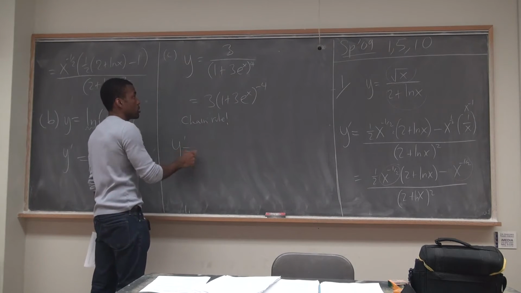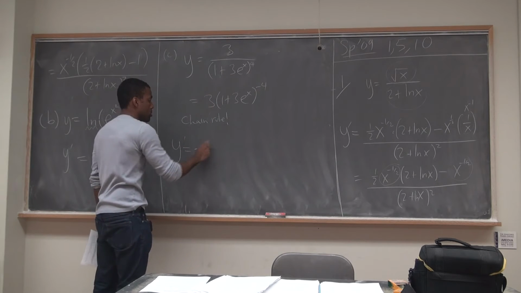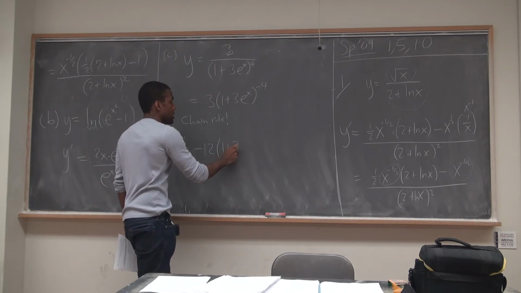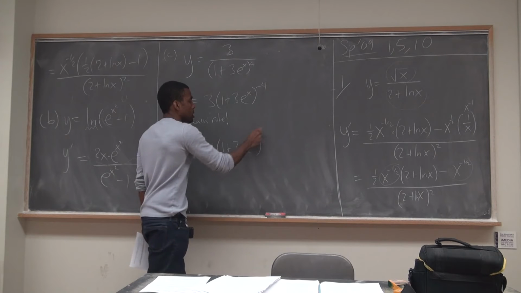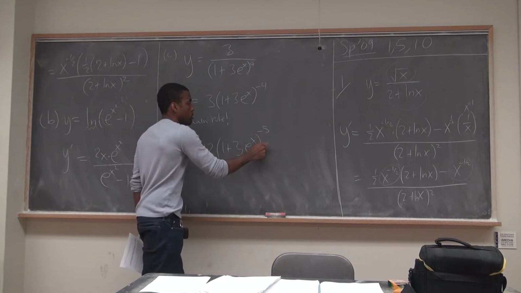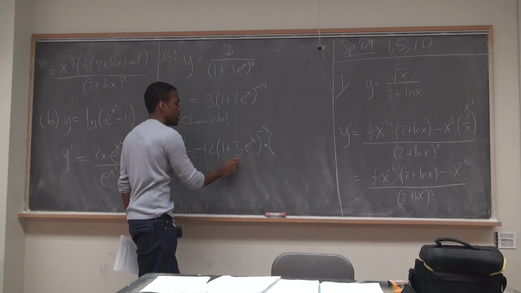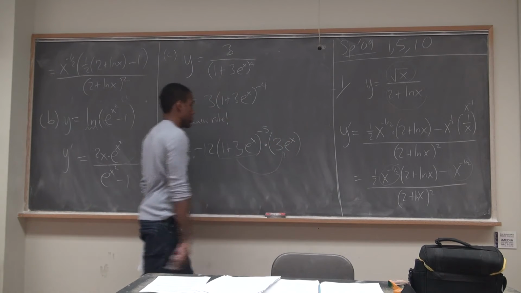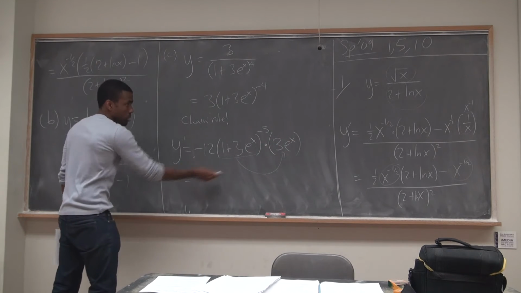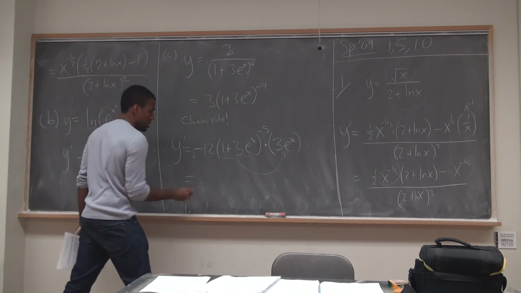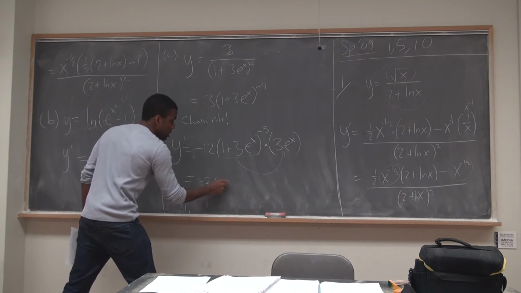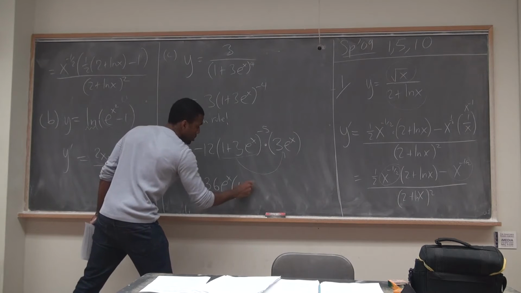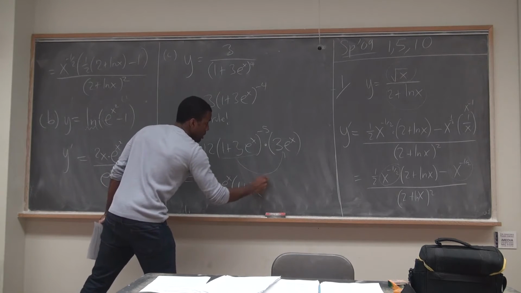So y prime is equal to, bring that minus 4 down, leave the inside intact, subtract 1 from the power, then you multiply by the derivative of the inside. 3e to the x, which is just itself. And you could leave it like that, or you could multiply it out. So minus 36 e to the x times 1 plus 3 e to the x to the minus 5.